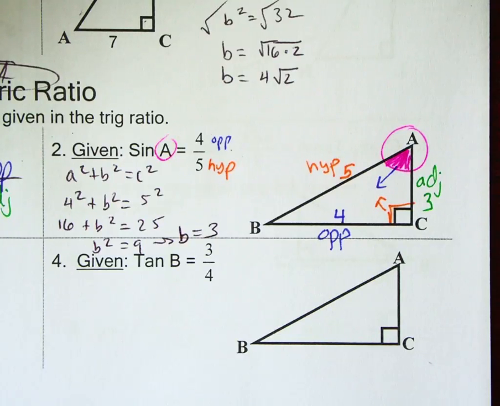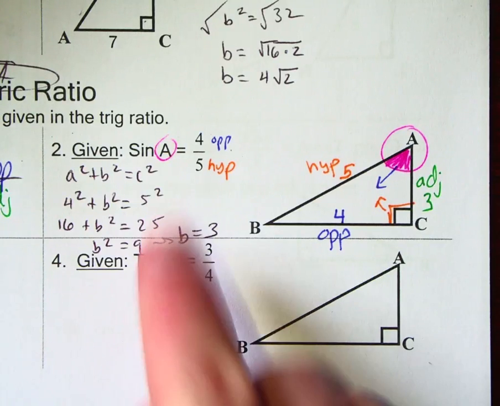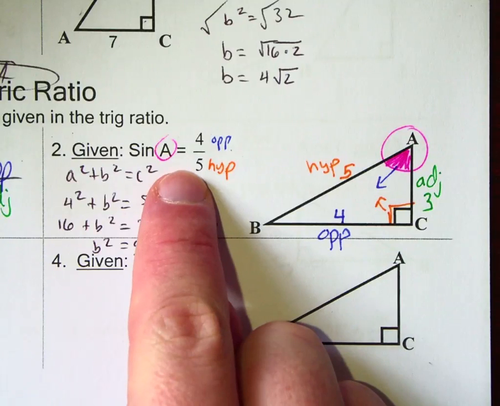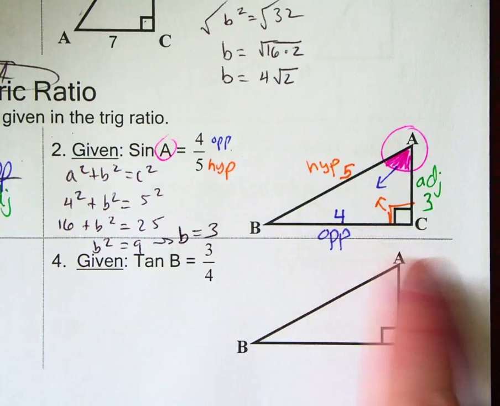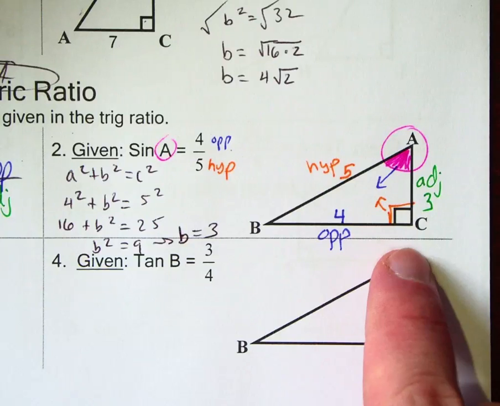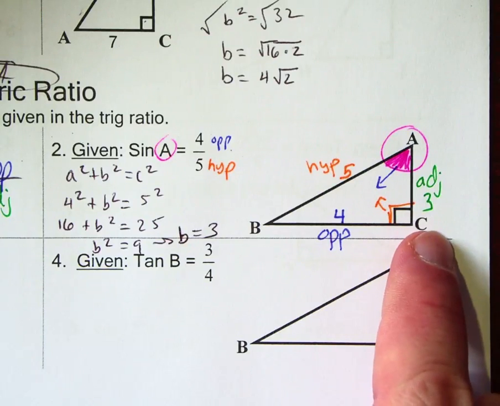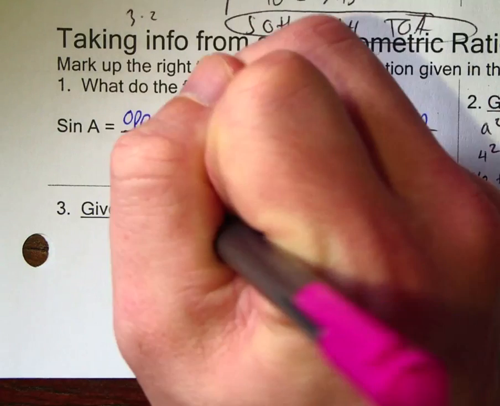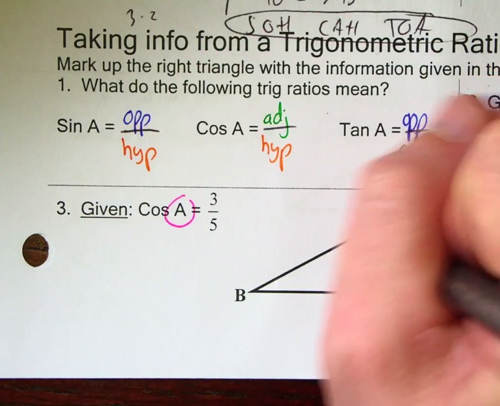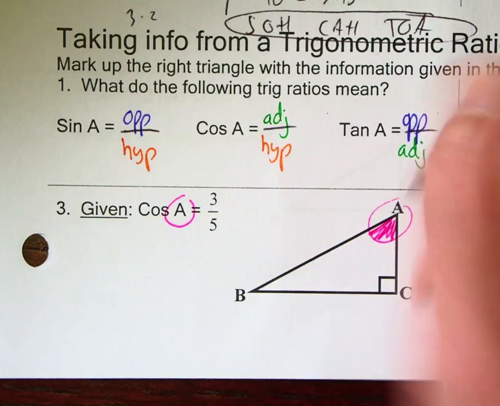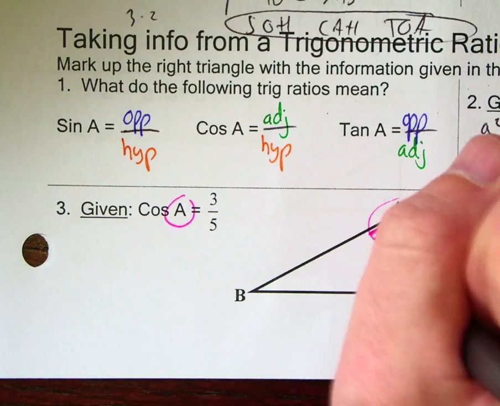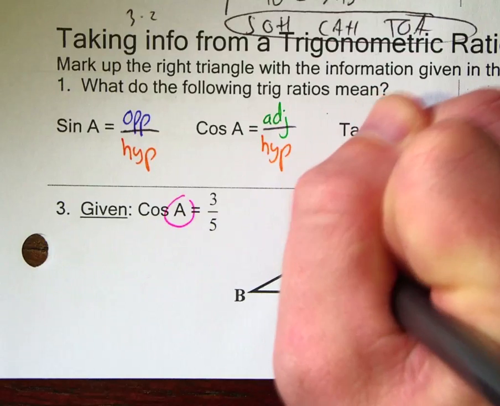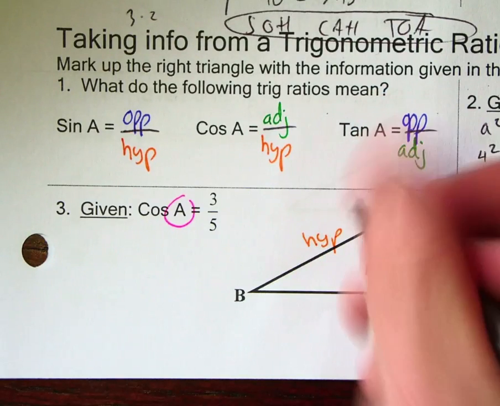So today, what I really need you to be able to do is to take a given piece of information and put those sides onto the triangle, and use Pythag to find the missing one. So you can try one more time yourself. Okay, here I go. I'll do it real quick. My reference angle is A. My hypotenuse, opposite and adjacent.